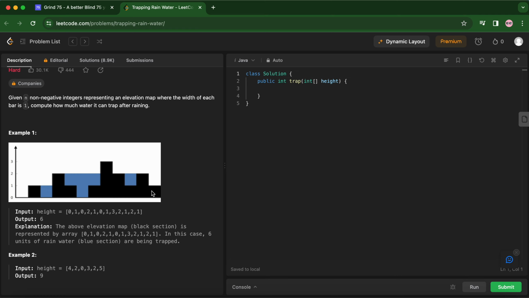Ready? Okay. If you notice a few things, the water that can be trapped depends on the minimum height on either the left side or the right side, right? Like for this area, we can see the left side max height is 2, and the right side is 3.